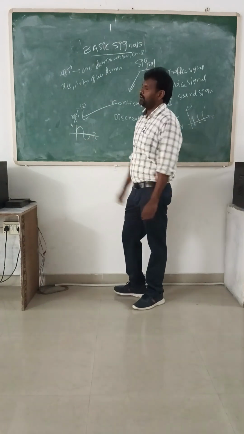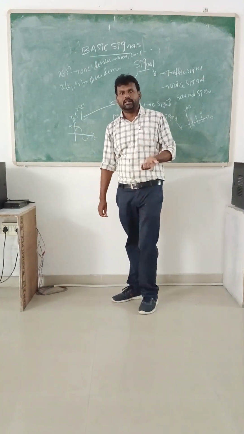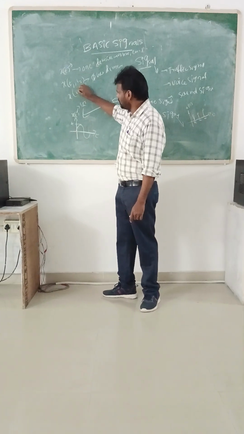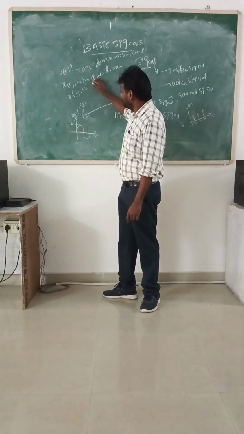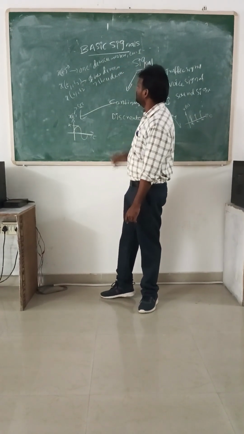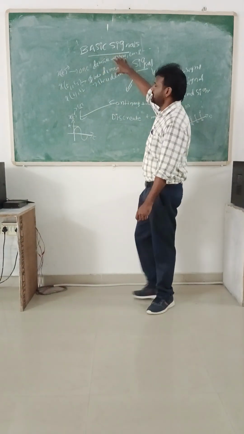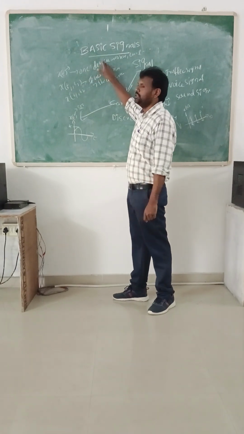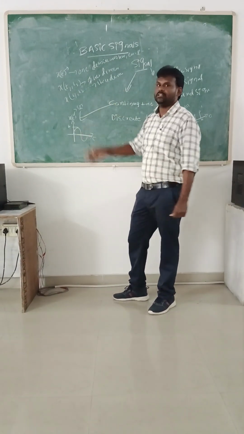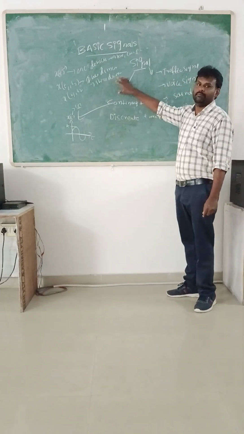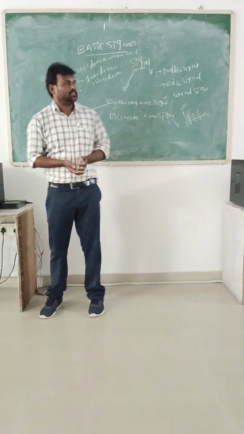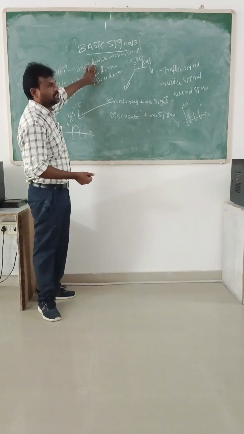If a signal x depends on two variables t1 and t2, it is called a two-dimensional signal, for example an X-ray or an image. If a signal depends on three variables, it is called a three-dimensional signal. This is the signal model.